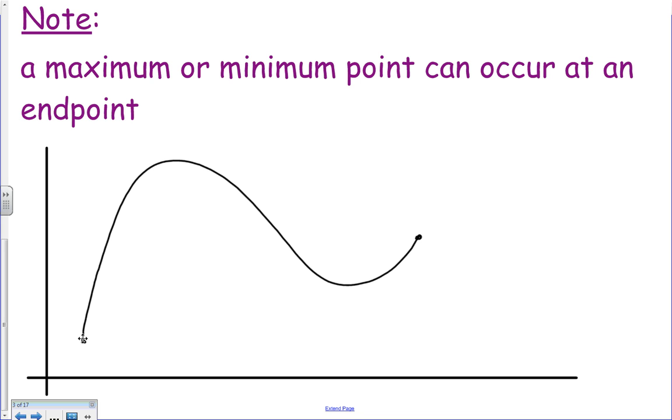And so let's say that we have this graph of some function f of x. And you can see then that we've got actually several local maximums. We have a local maximum right here and at the endpoint. So these are some local maximums.